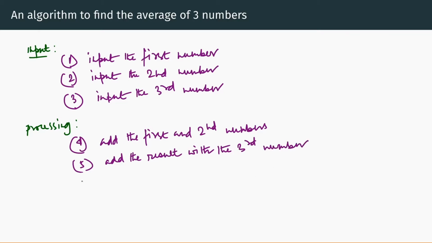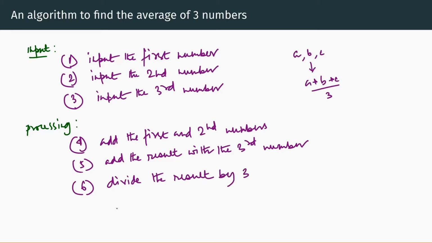Okay, and the result would be the sum of three numbers, right? So the next thing we do is divide. We want to find the average. So what is the average of three numbers? Let's say the numbers are A, B, and C. The average would be A plus B plus C divided by 3, right? So the next step is divide the result by 3.